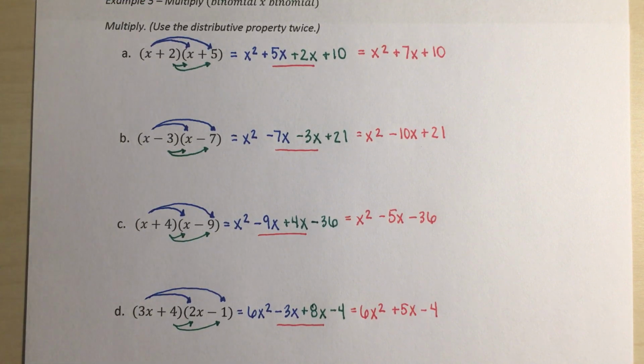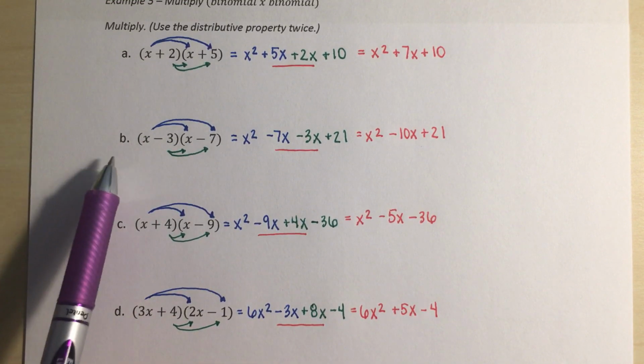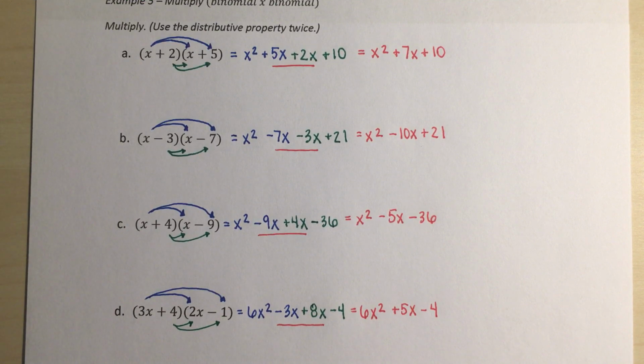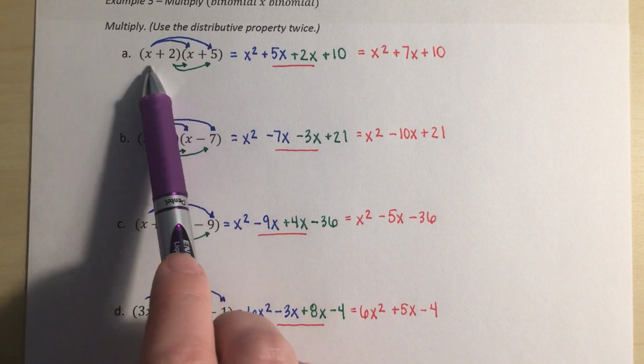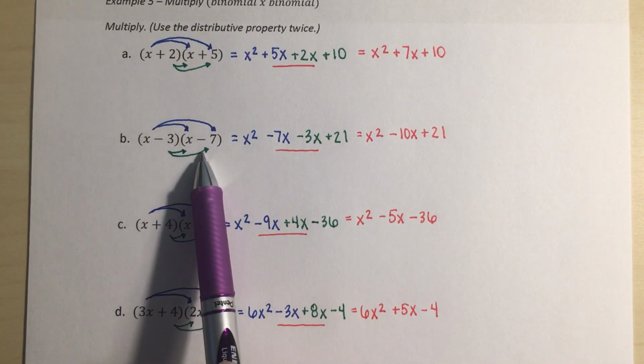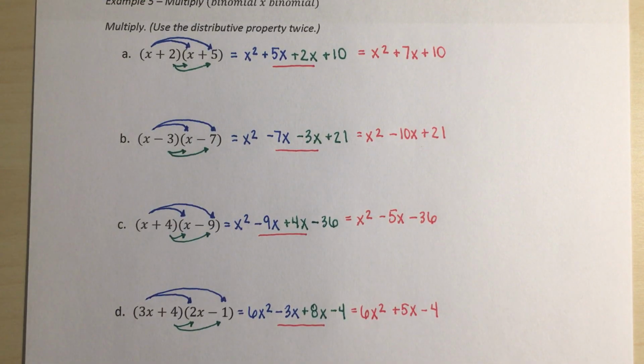There is one more thing that I want to point out before we go on to our next example. Notice that in example A and B, both of our binomials had the same sign in the middle. Both of these had plus signs, both of those had minus signs. So sometimes we refer to these as binomials with the same sign.